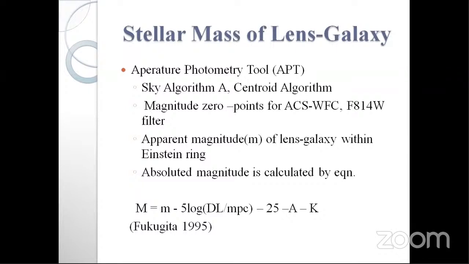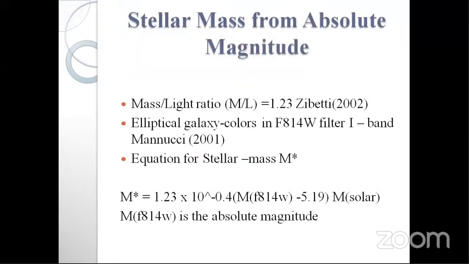This will give us the stellar mass content of the lens. So now, to calculate the stellar mass, that is converting the absolute magnitude to stellar mass, we need this formula. And here a few more concepts are to be dealt with, like the mass to light ratio.